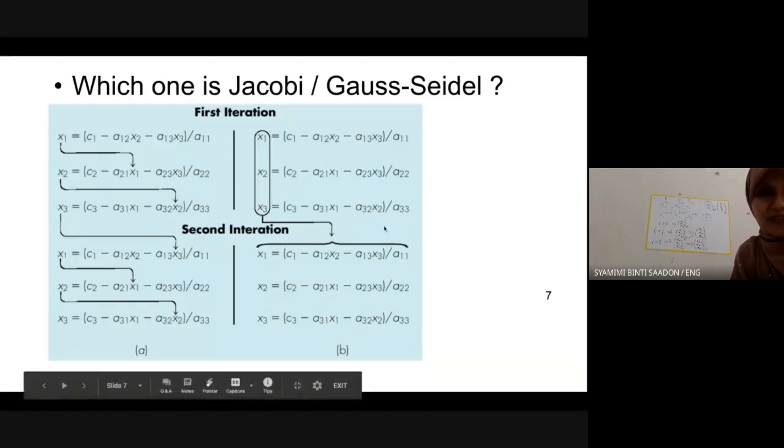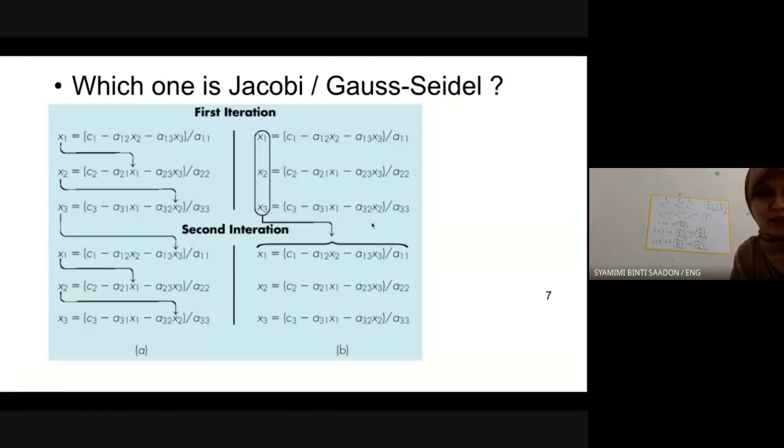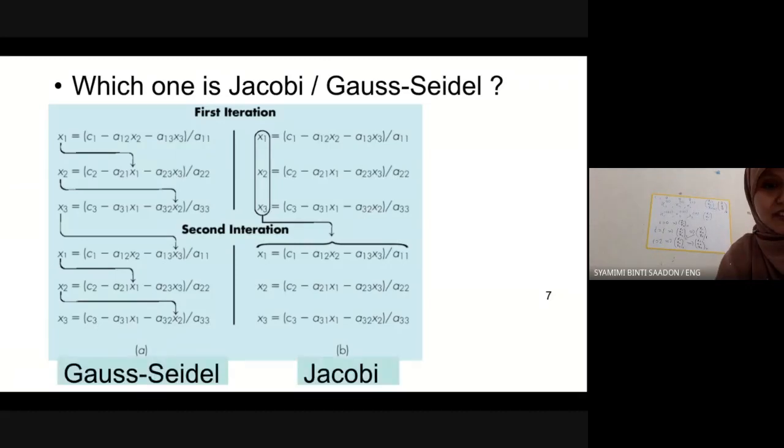But for Jacobi, we finish the first iteration first, without changing the S1, S2, S3 in the equation until we finish the first iteration. Then for the second iteration, we use the set from the first iteration that we have here. So that is Gauss-Seidel and Jacobi.